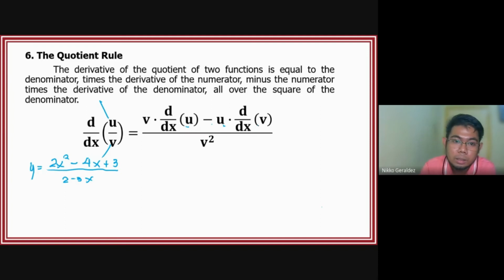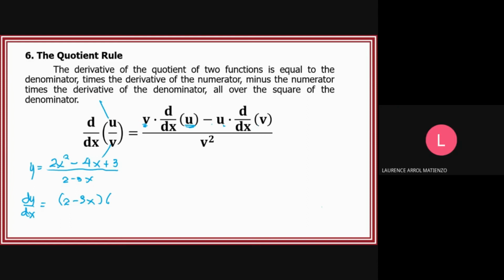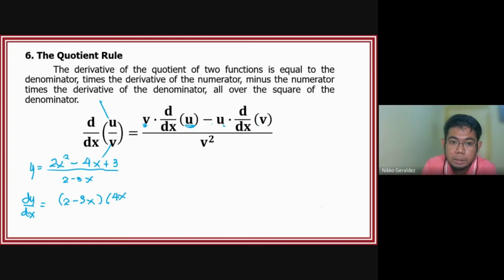Solve natin. So, derivative of y with respect to x, equal to, una, v, denominator, kopyahin lang. So, that is 2 minus 3x times derivative of numerator, u. Derivative of 2x squared minus 4x plus 3. So, derivative of 2x squared, 4x, minus 4.